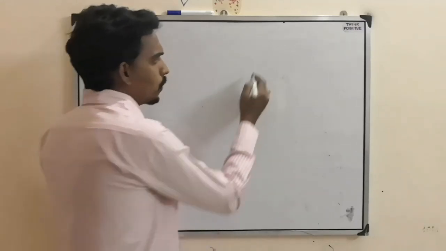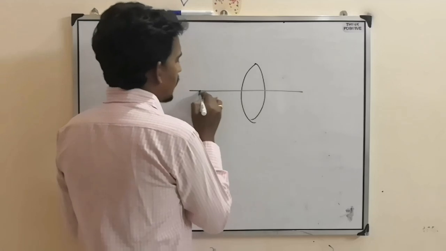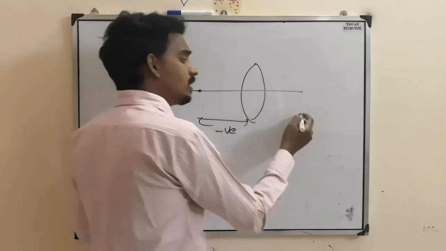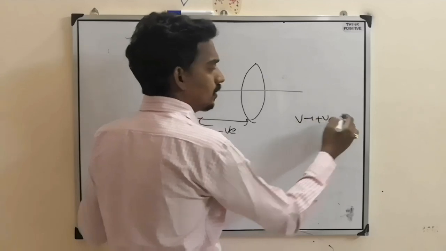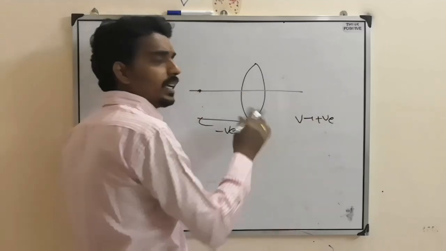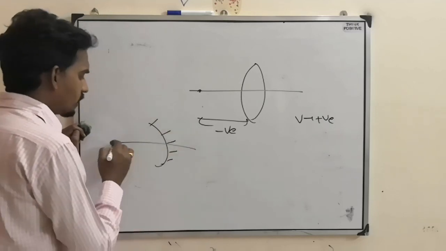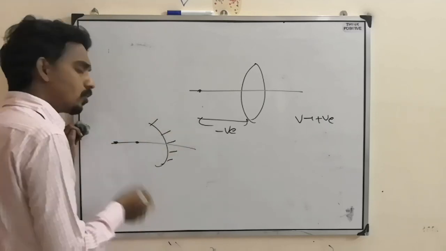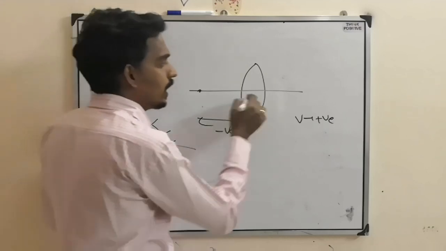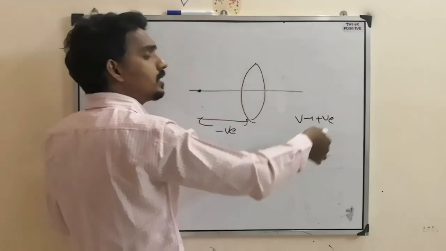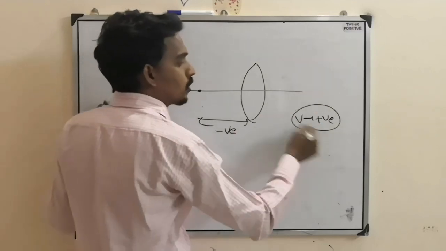But here, suppose you consider a lens, the object side is negative, the other side is positive. So real means the other side; the mirror case is different. In a mirror, the object side means real image is also on the object side, but in the lens case the object is on one side, negative distances, and the other side is real and that is positive.